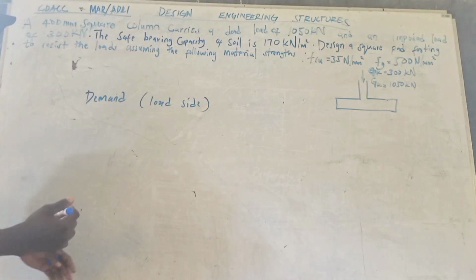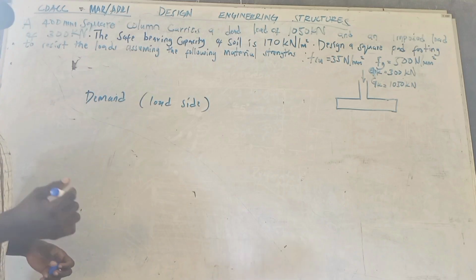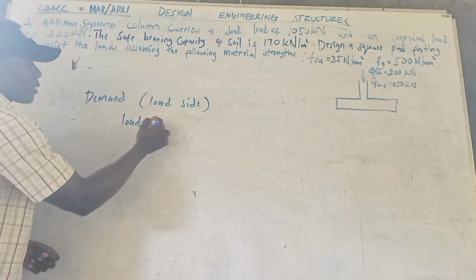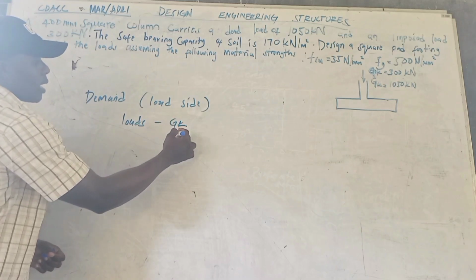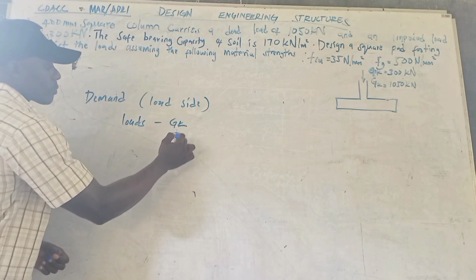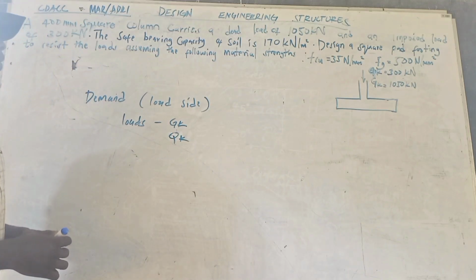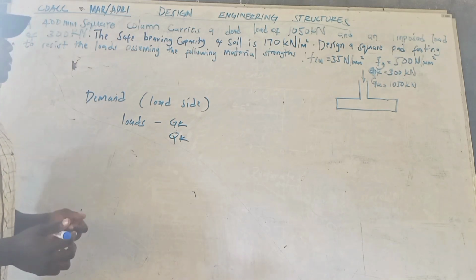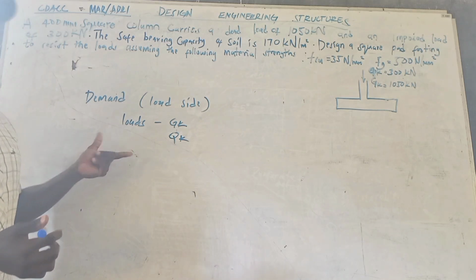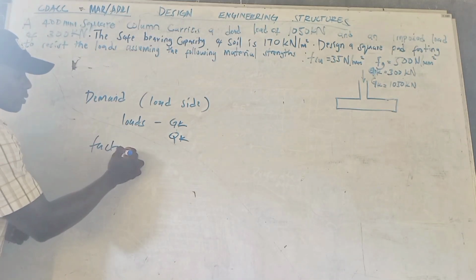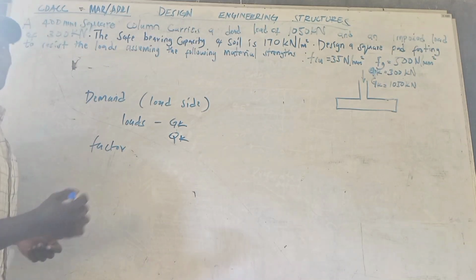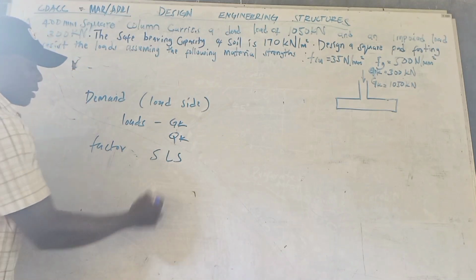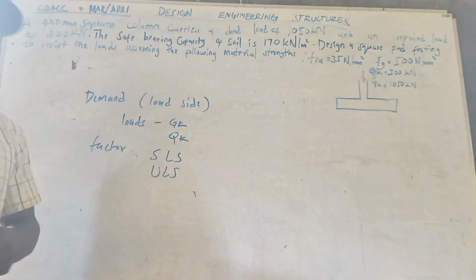We are going to work with the dead loads and the imposed loads. After that, we are going to translate, or maybe factor, these loads using our limit states of design. So we're going to have a serviceability limit state and ultimate limit state of design.